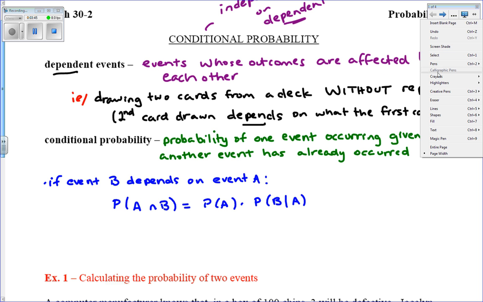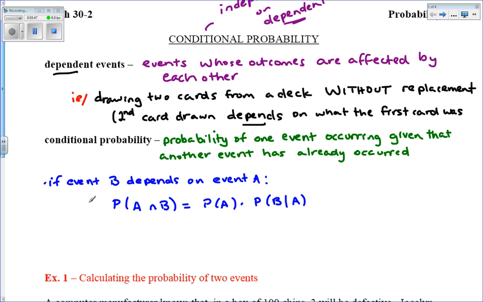This is on your formula sheet. And this probability of B slash A, that straight line, means the probability of B given that A has occurred.